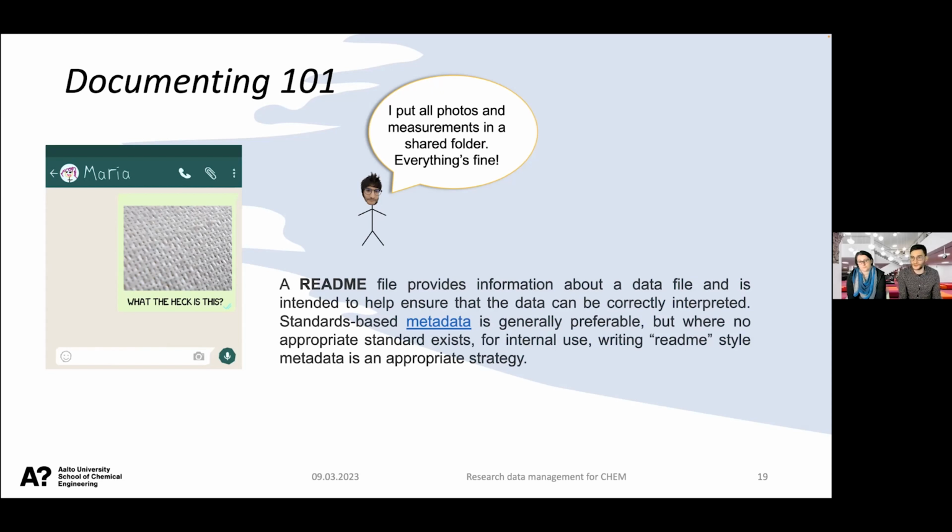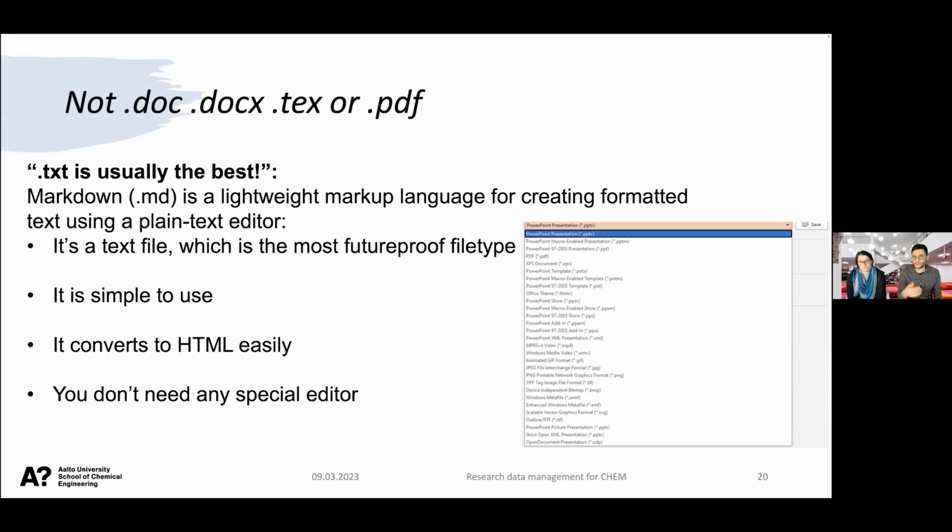And the best case scenario would be if you use standards-based metadata. That would make it easy: if there's some typical experiment going on, then people can understand immediately what you are doing. But what kind of format should be used to create these README files? And well, my advice is to make them in text files.